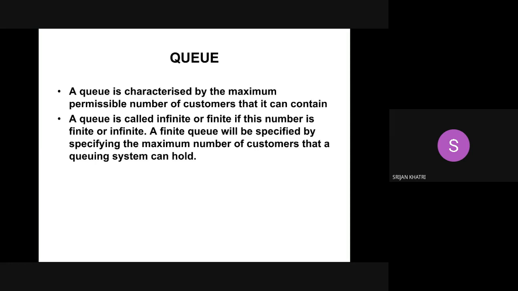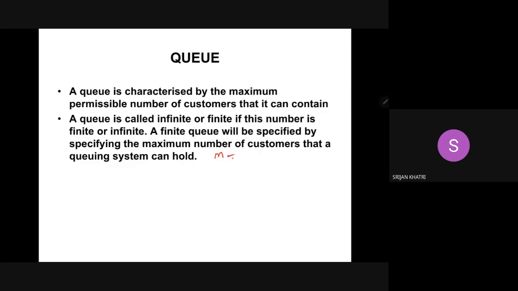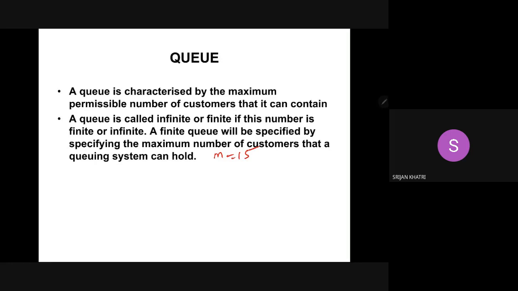For example, in the clinic example I have taken, there are 15 waiting chairs. It means the system capacity is equal to 15, right. We denote that system capacity by small m, and it is equal to 15.